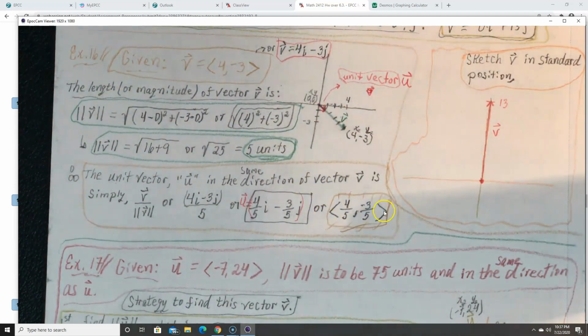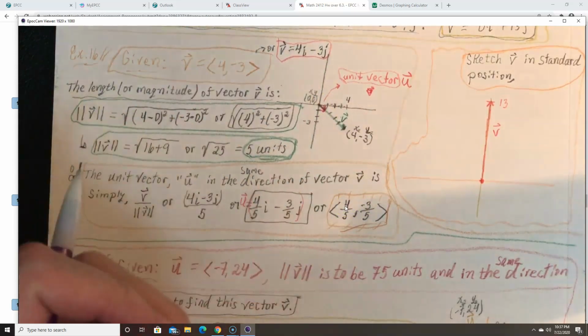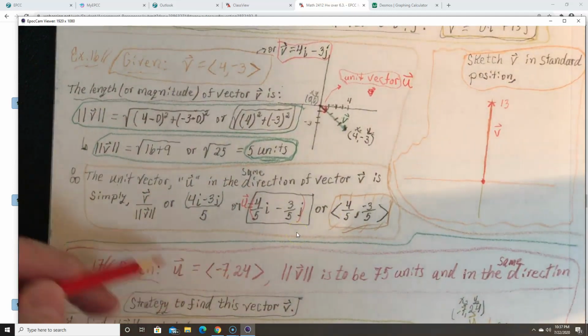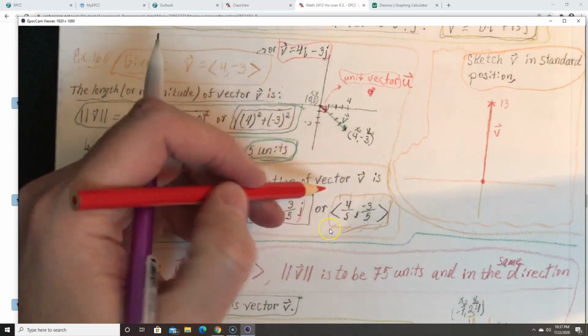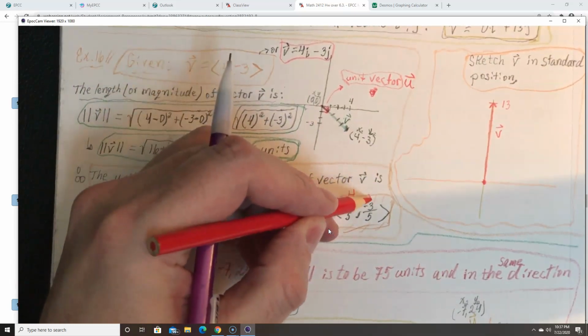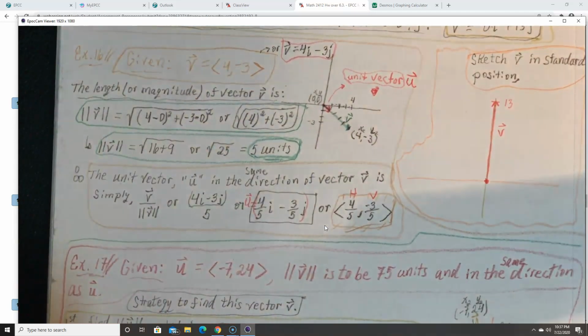Or if you want to write it in component form, then you write the horizontal component first, the horizontal movement from the origin, which is the 4/5, and then the vertical secondly. Horizontal component value and the vertical component value. 4/5, comma, negative 3/5.